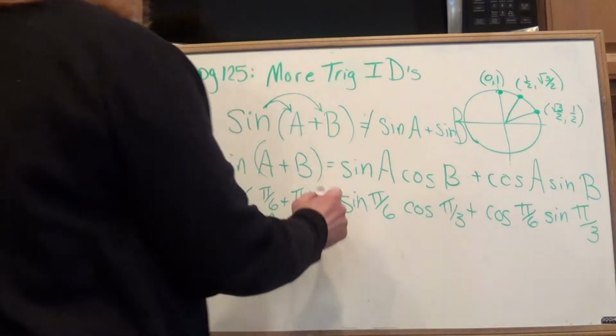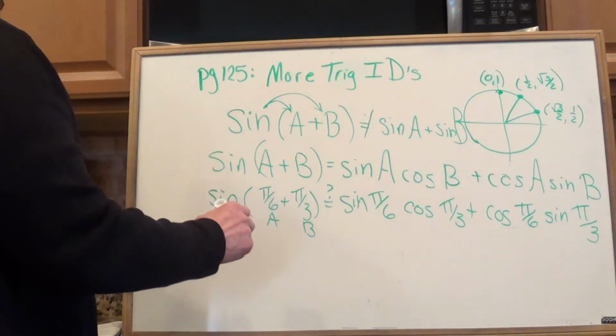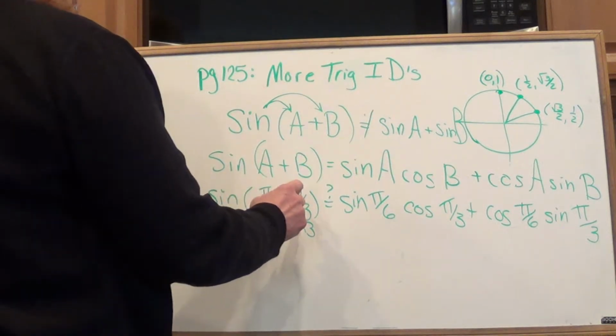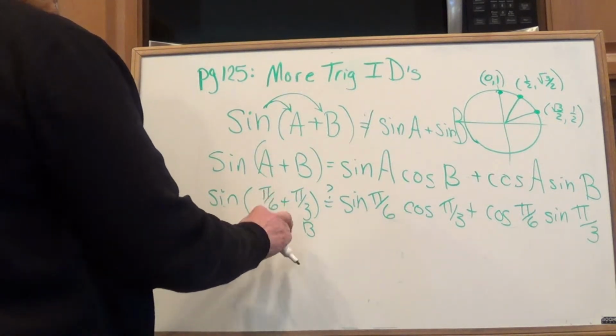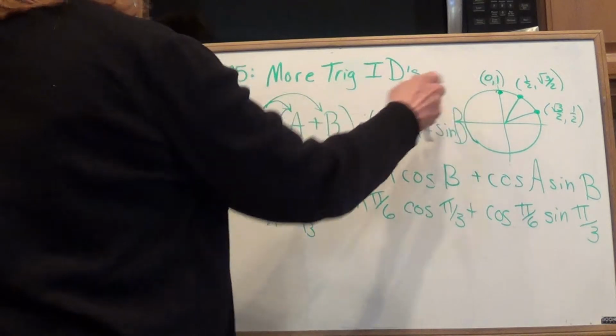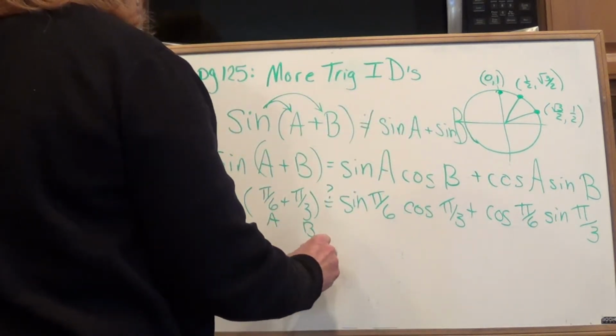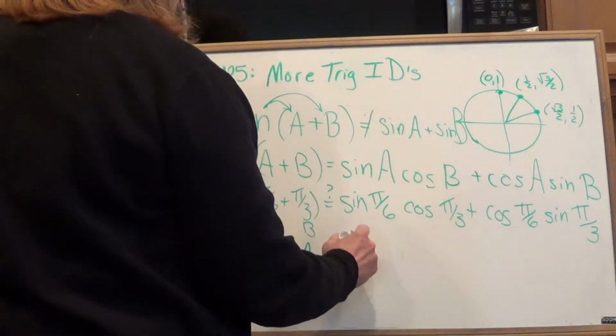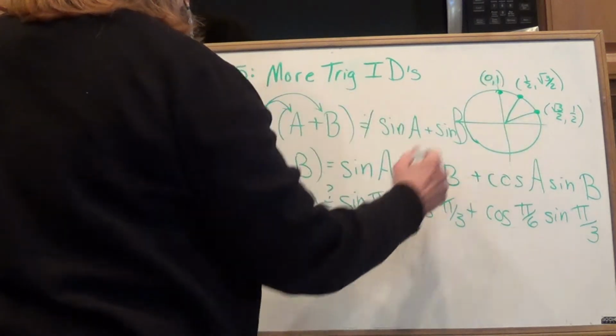Let's see if that holds true. Pi over 6 plus pi over 3, we've already established, was pi over 2, the sine being 1. So this side is a 1. Over here, sine pi over 6 is 1/2, cosine pi over 3 is 1/2.